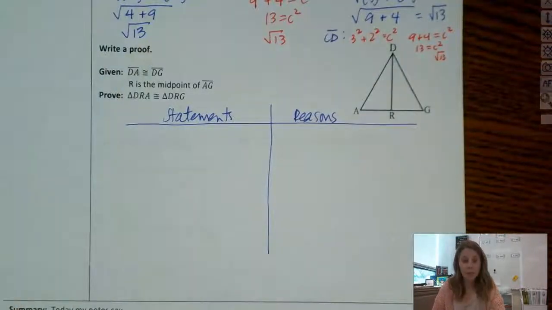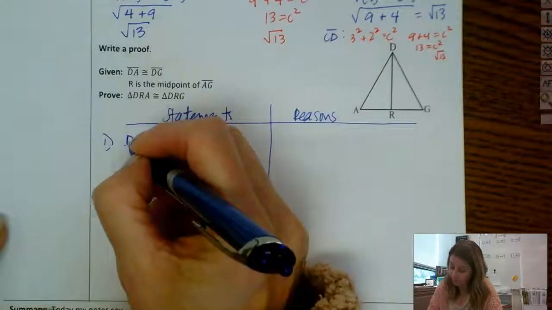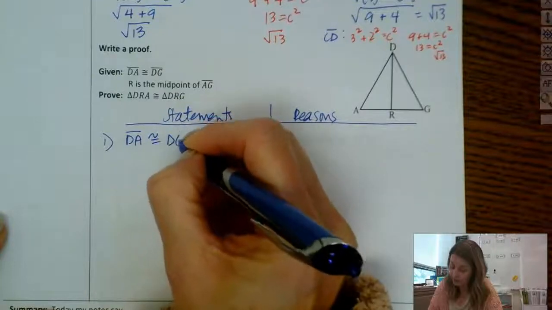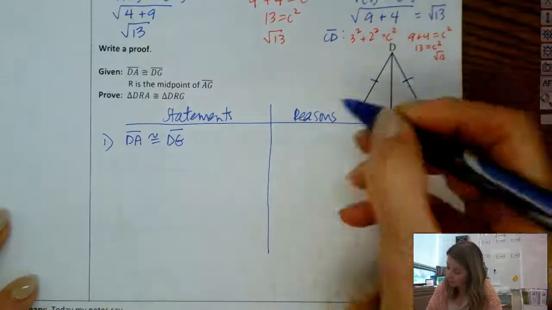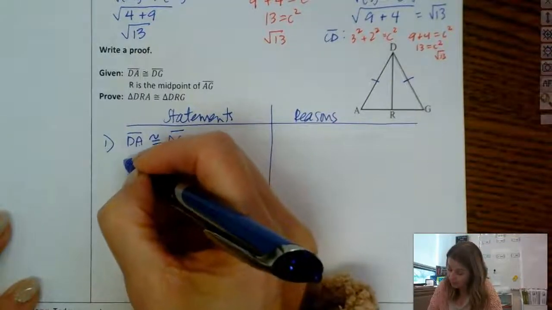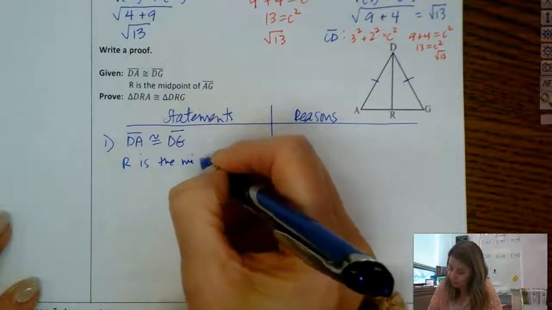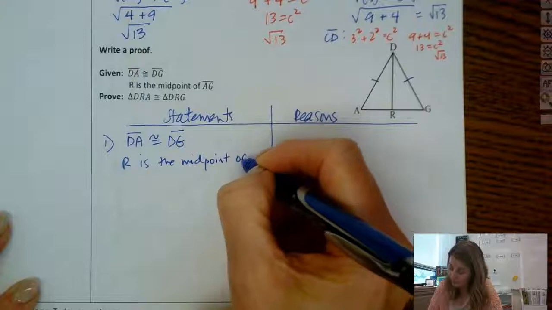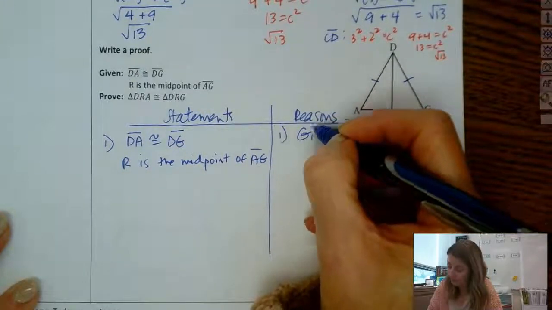And then I'm just going to go ahead and still put both givens in line 1. So segment DA is congruent to segment DG. And I'm going to go ahead and mark that with a tick mark. And then R is the midpoint of AG. And that is given.